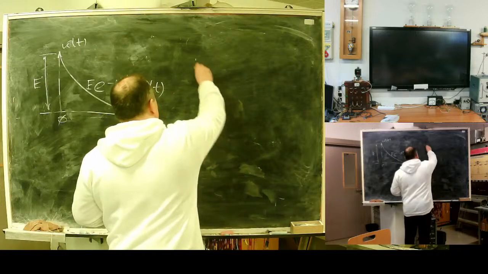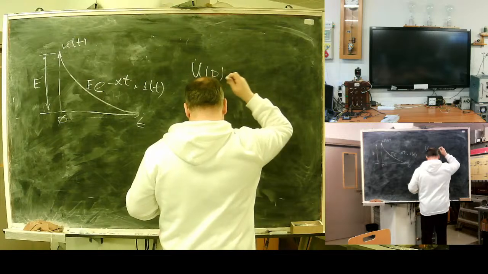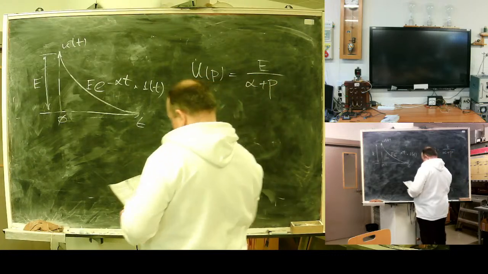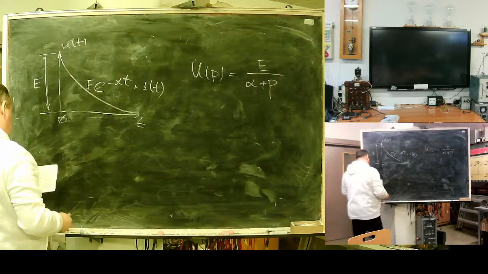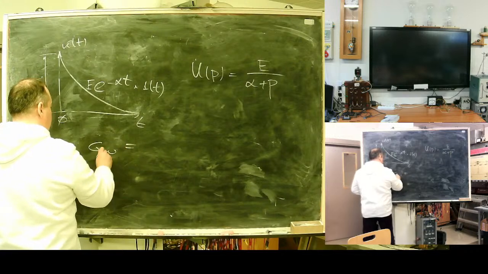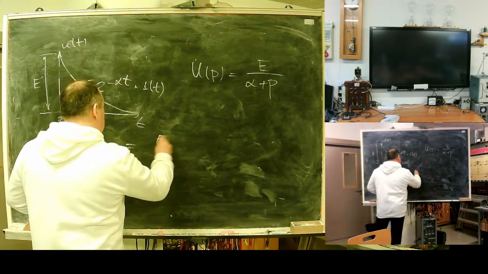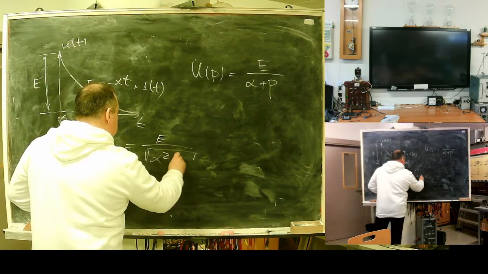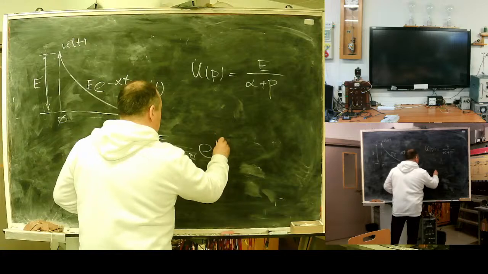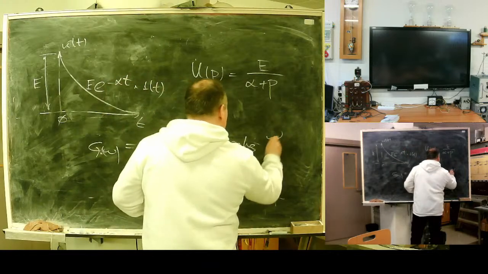Its Laplace image is 1 divided by alpha plus p, and its spectral function will be something like this: 1 divided by square root of alpha squared plus omega squared, multiplied by e to the power of j arctangent of omega divided by alpha.